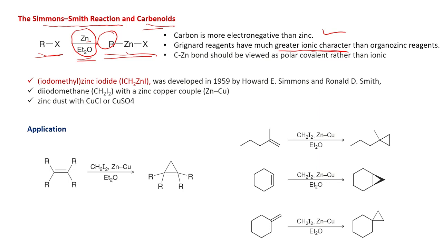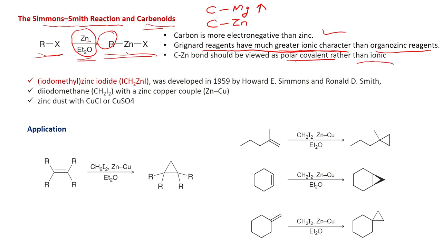The difference of electronegativity of C and Mg is high, so Grignard reagent has greater ionic character, but the difference in electronegativity of carbon and zinc is less, so organozinc reagent is not ionic in nature. It is much more polar covalent rather than ionic.